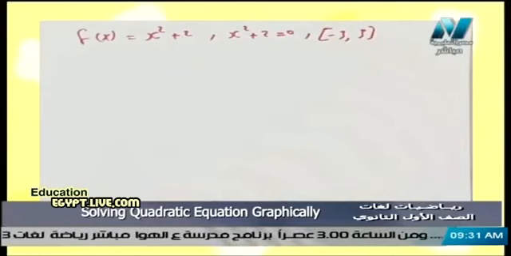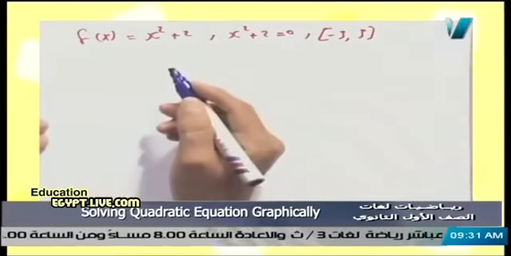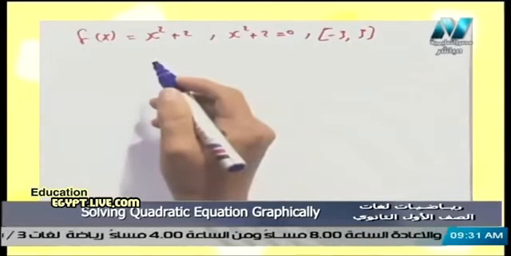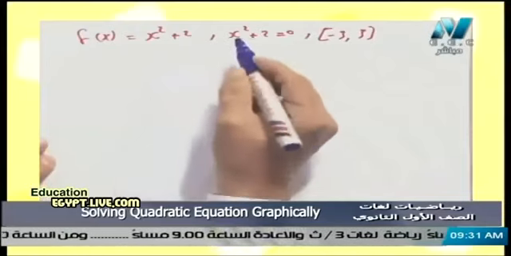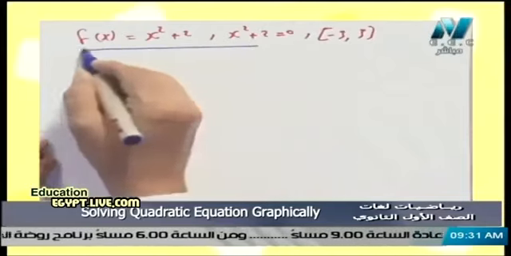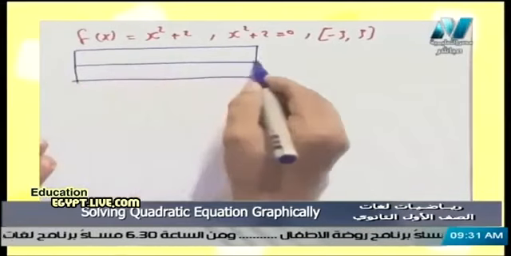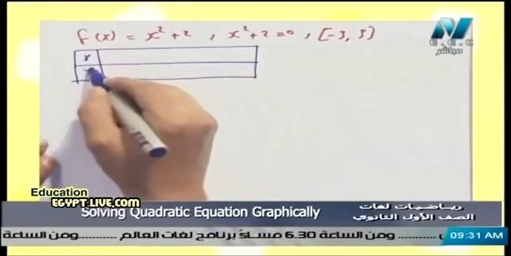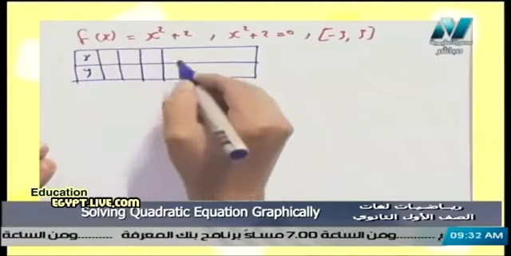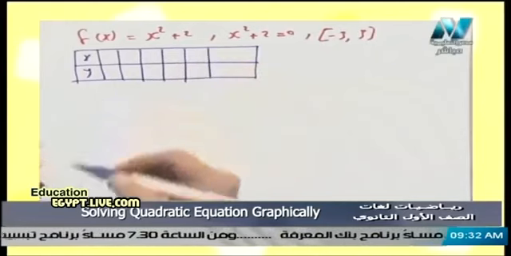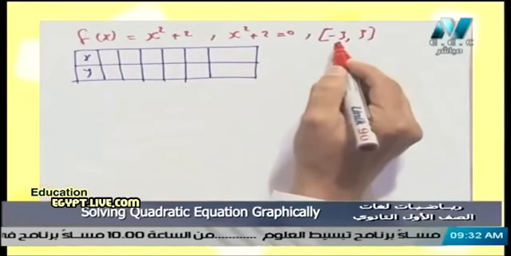We will remember again, you can use a calculator or you can use direct substitution, and in the two methods you will have a table like that. This is x, this is y. Here we will start with negative 3.